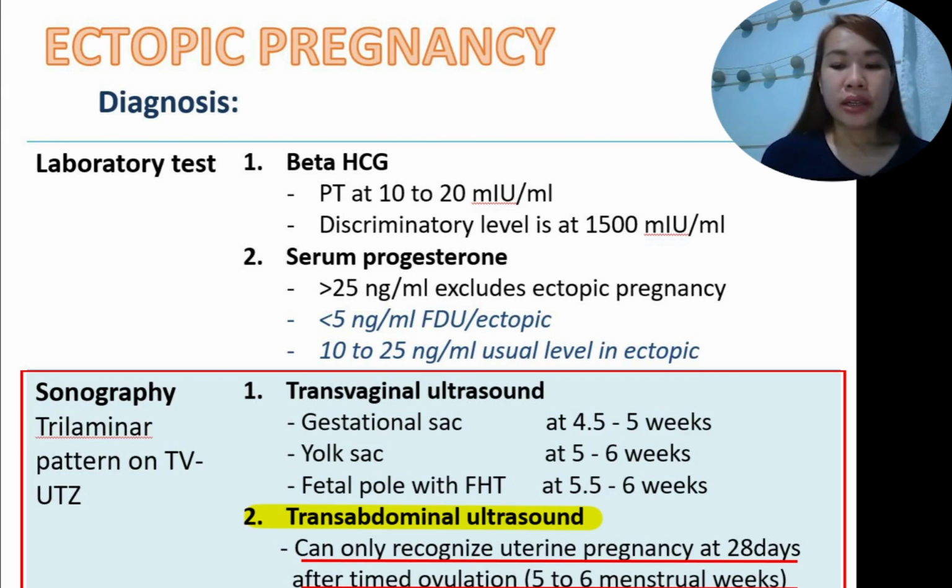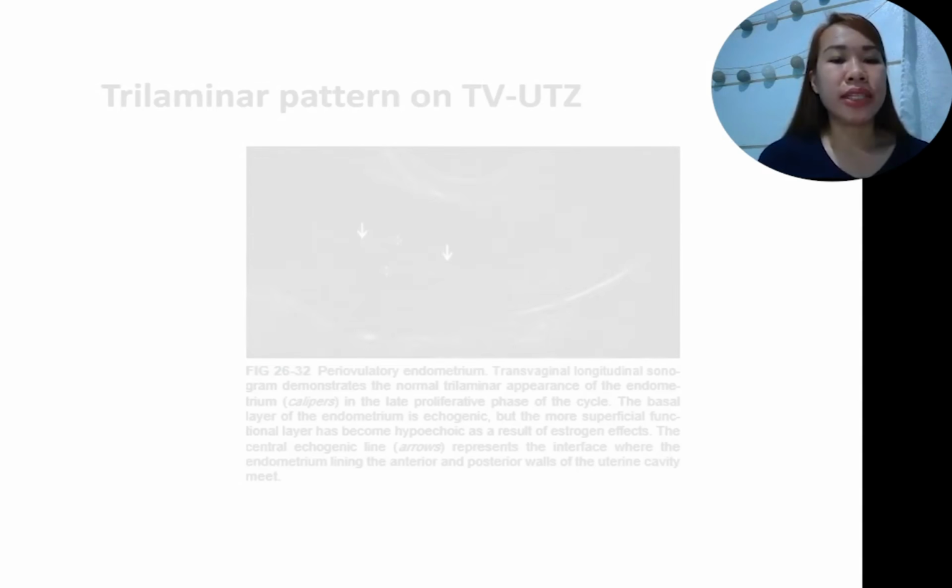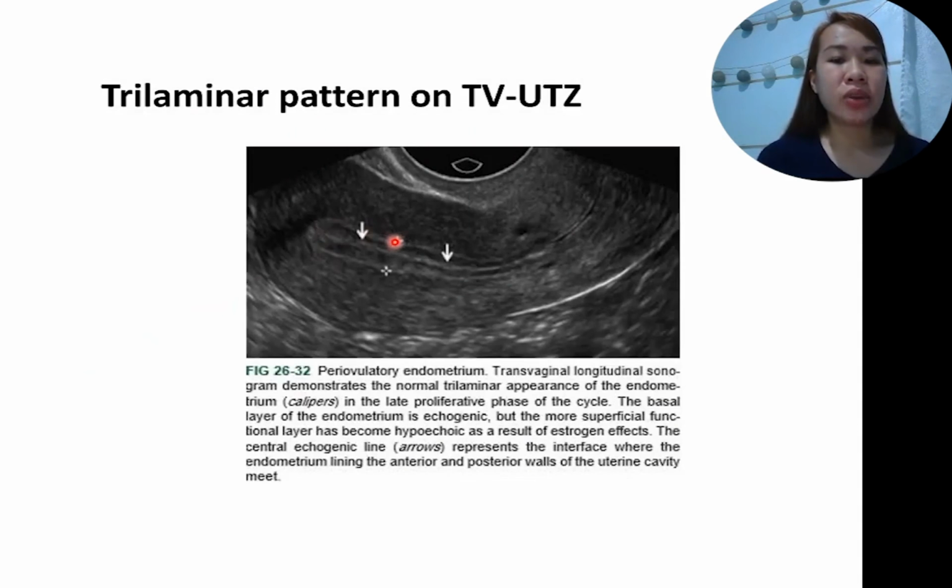Now, another thing that you will look for in an ultrasound is the trilaminar pattern on transvaginal ultrasound. As you can see here, this shows the trilaminar pattern. It demonstrates the trilaminar appearance of the endometrium in the late proliferative phase of the cycle.